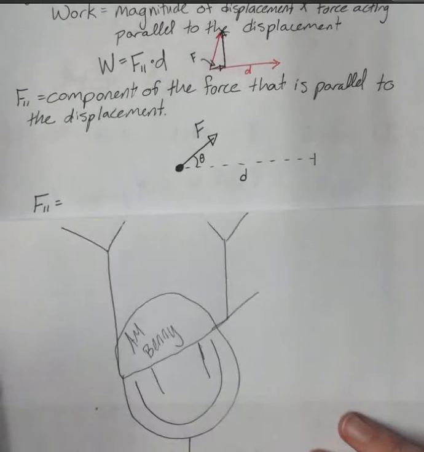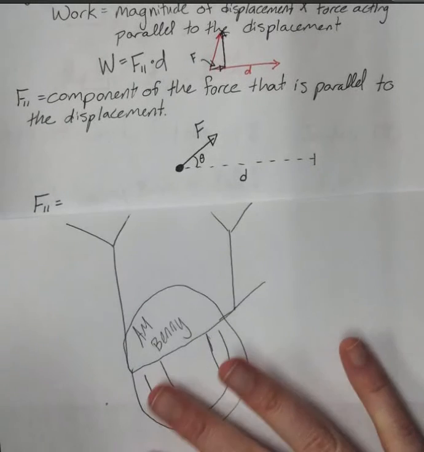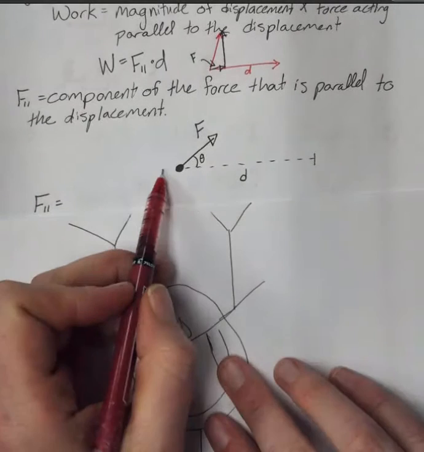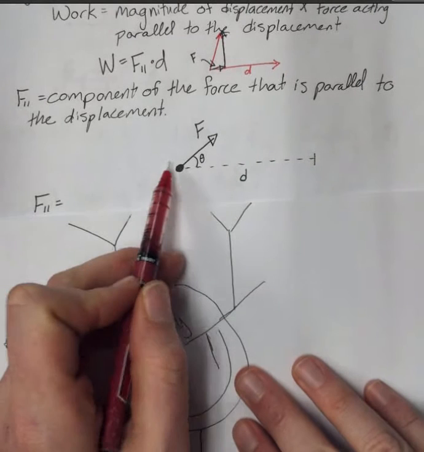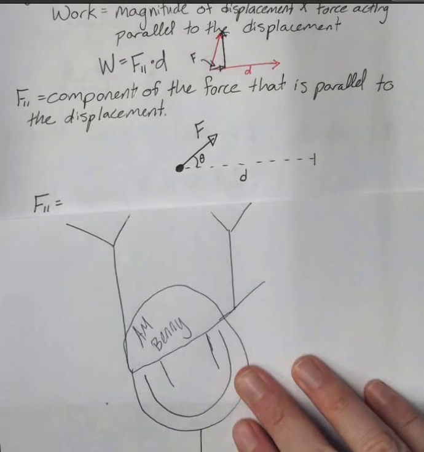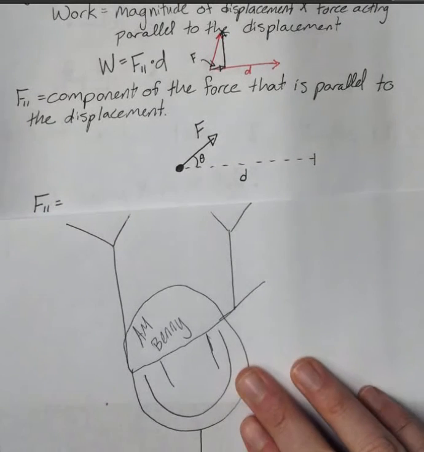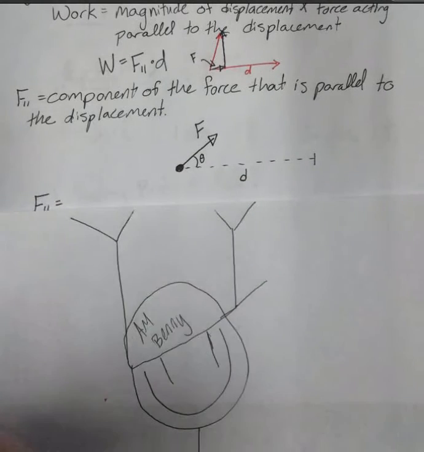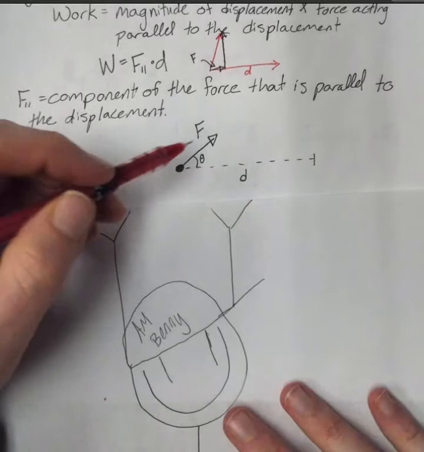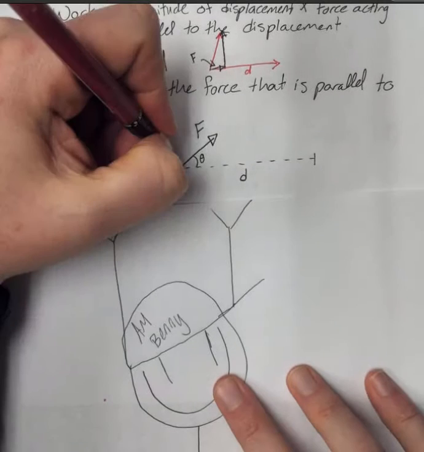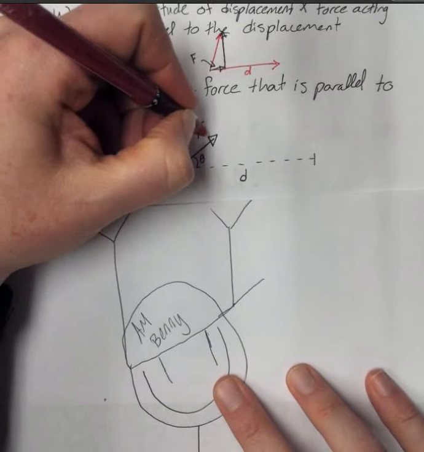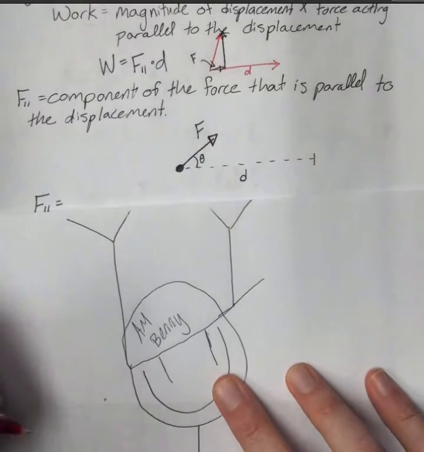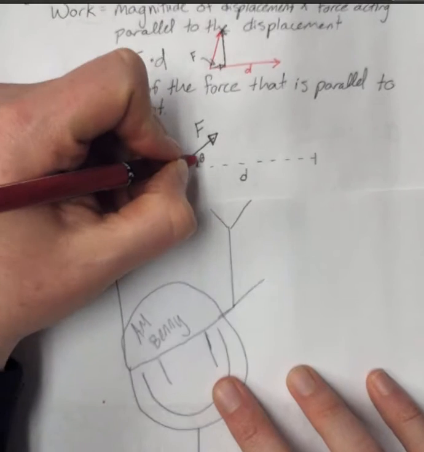Let's take a look here. If we have a situation like this, where an object, this is our spherical cow, and you're pushing this cow, you've got its hands up underneath its haunches, and you're pushing kind of up and forward. So that means that your force vector is up and forward at this angle theta.